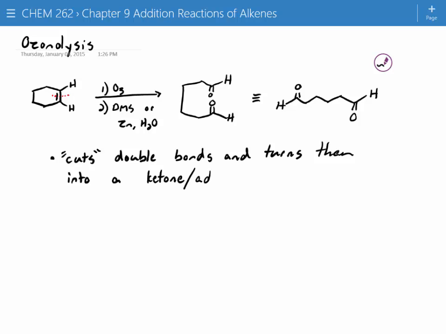Ketone or aldehyde. Whoops, forgot the L. In this case, I'm not expecting you guys to know the mechanism. The mechanism's a little convoluted and doesn't really help you with this process. Just remember that it's used for cutting double bonds.